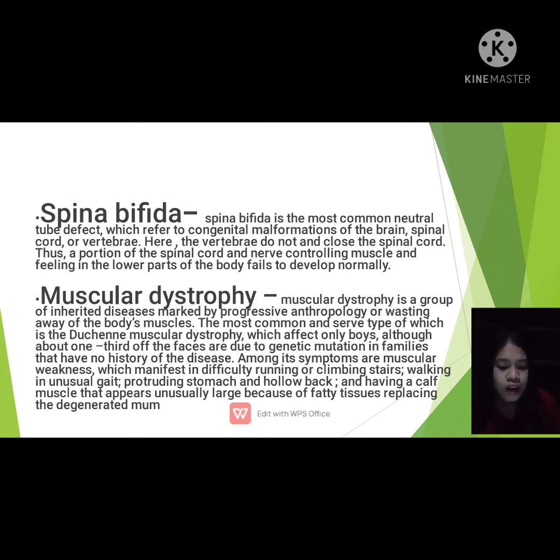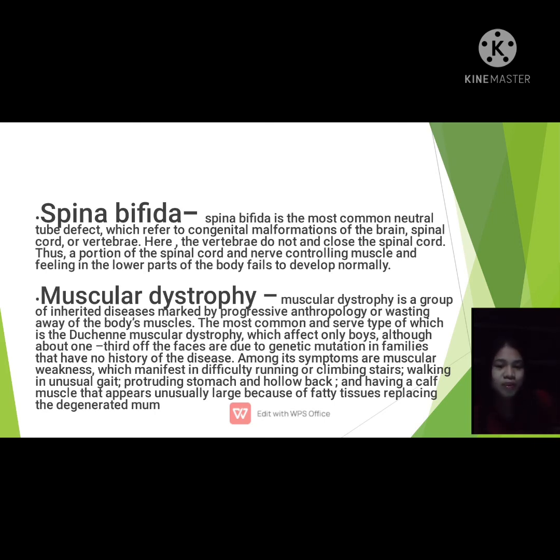Among its symptoms are muscular weakness, which manifests in difficulty running or climbing stairs, walking in an unusual way with protruding stomach and hollow back, and having a calf muscle that appears unusually large because of fatty tissues replacing the degenerated muscle. And so, muscular dystrophy is a group of muscle diseases caused by mutations in a person's genes.